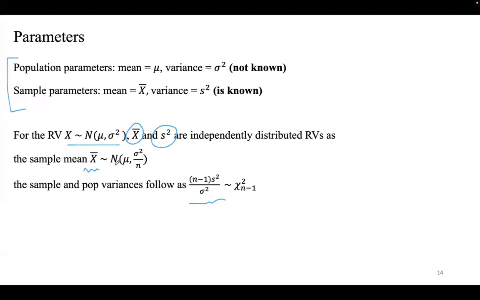The sample mean and population mean are going to look like that. Again, it's coming from that formula. These are just different ways of writing something that you've already seen.